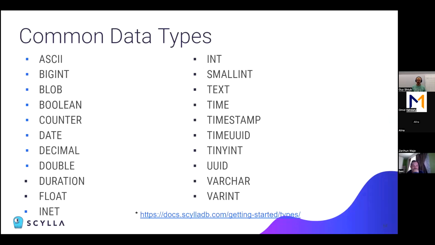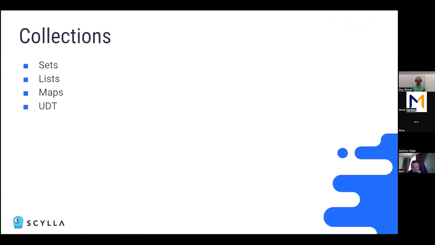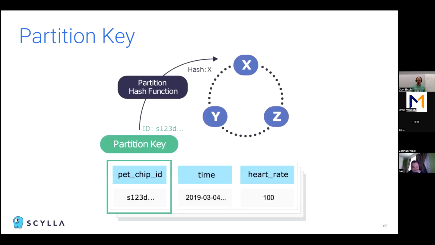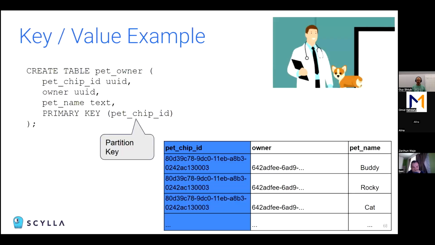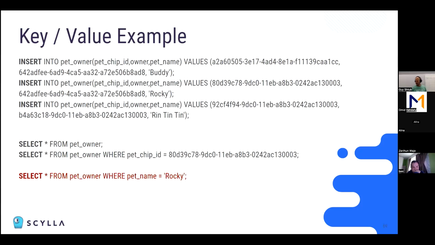Again, you can have a look at our docs to see this. And again, these slides are going to be available to you. You'll get an email with them after this talk, so you can check that out, and also Scylla University. Collections are supported. Partition key I already talked about.